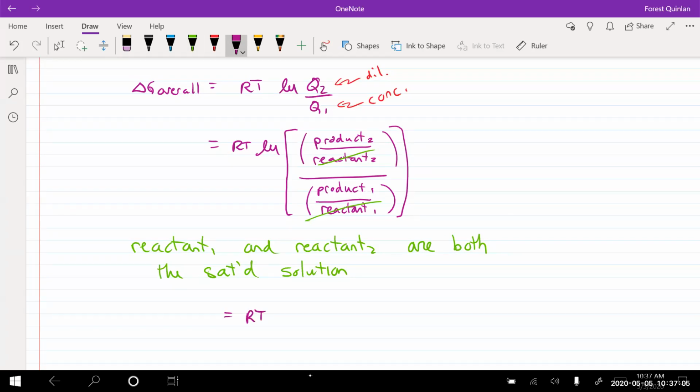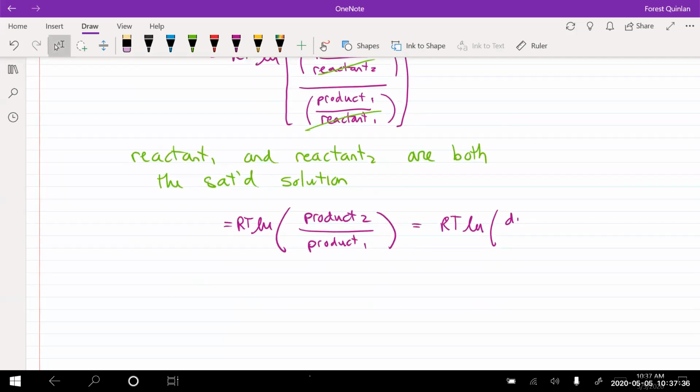So now we're at RT, product 2 over product 1. Or, sorry, ln. I forgot my ln.